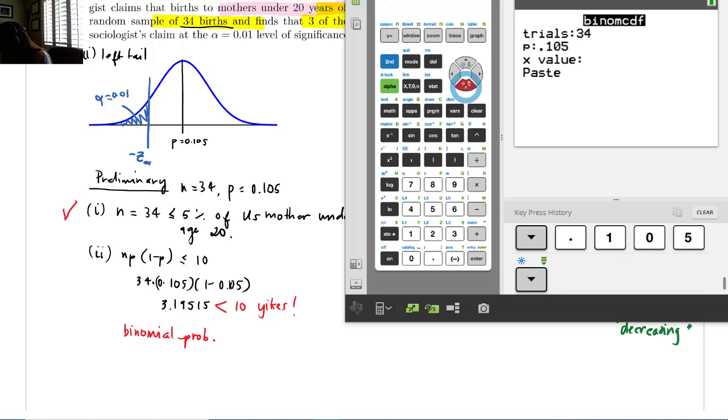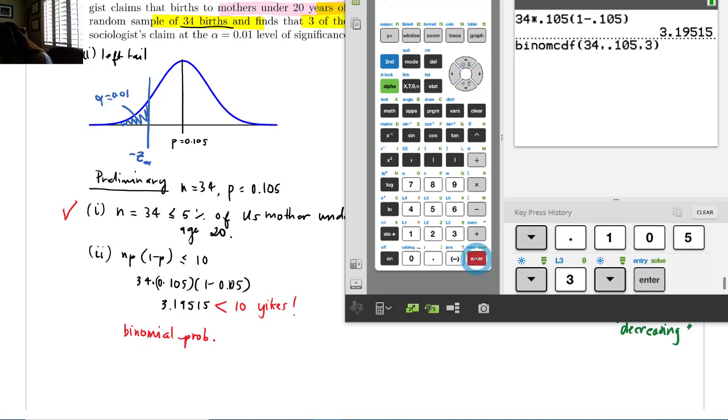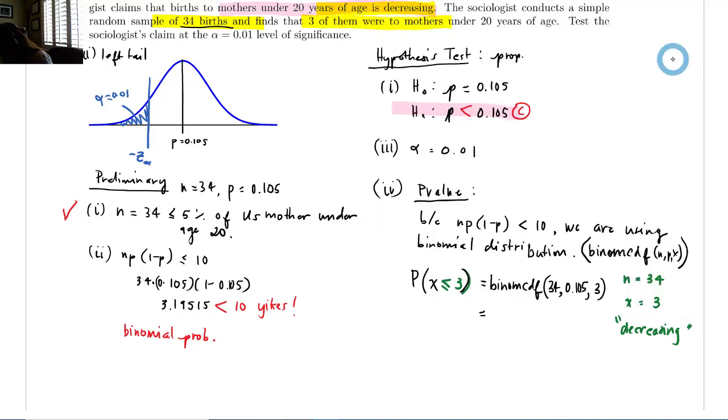And we found three of those births had mothers that were 20 years or younger. Okay. And so we get around 4 decimals, 0.5149. So this probability is the actual p-value.